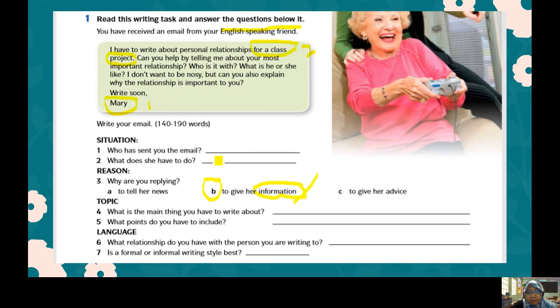Number 4. What is the main thing you have to write about? Main thing here means, apa maksud main thing? Perkara penting, perkara mustahak, perkara utama yang awak perlu tulis dalam email awak nanti.